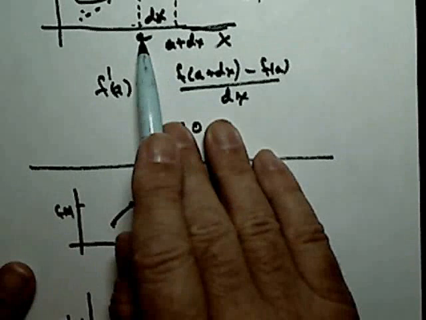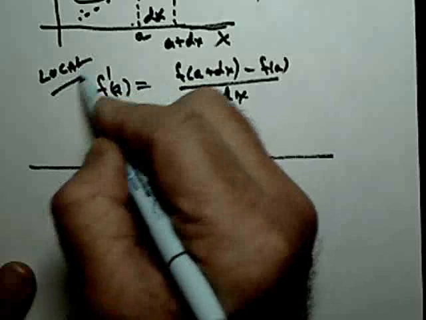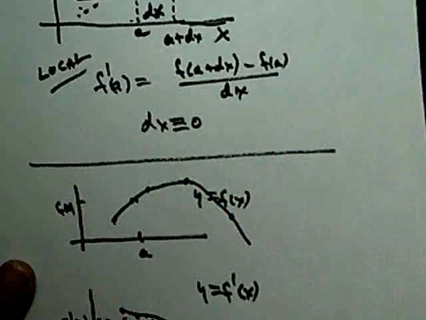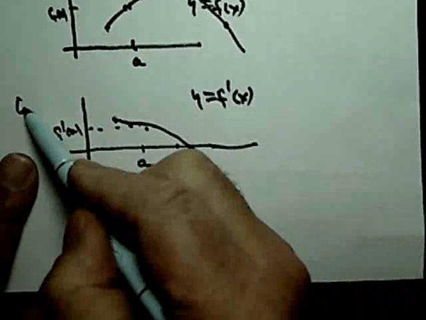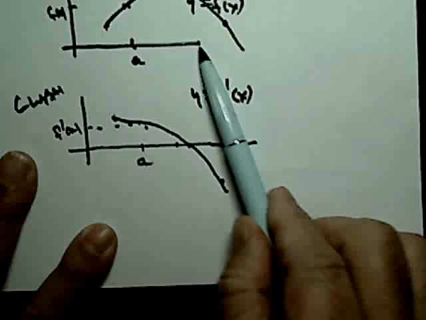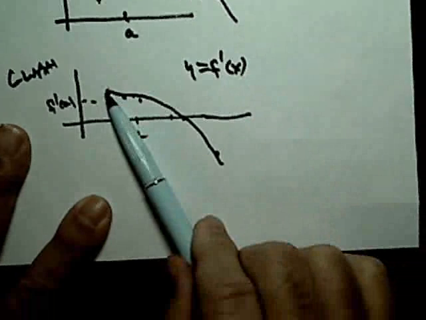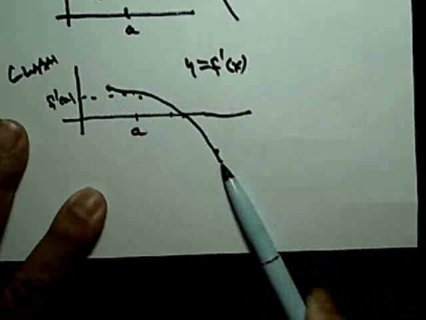So you started out with what's called a local definition, because we only talk about defining the derivative at a point, and that's called local. And then we expand that to a global definition by saying, okay, if you have a function, you can define its derivative at all these points, and that in turn then defines a new function called the derivative function.